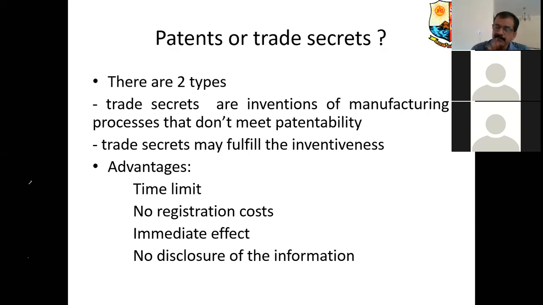Once he registers, from that moment itself, that is his property. He does not have to disclose the information, because once he discloses the information, it becomes a public document. Therefore, once you are registering it as a trade secret, you are not going to disclose any information about the trade secret.